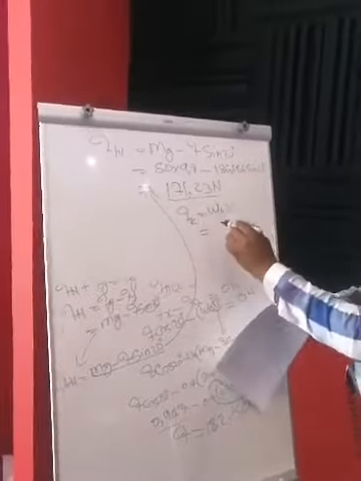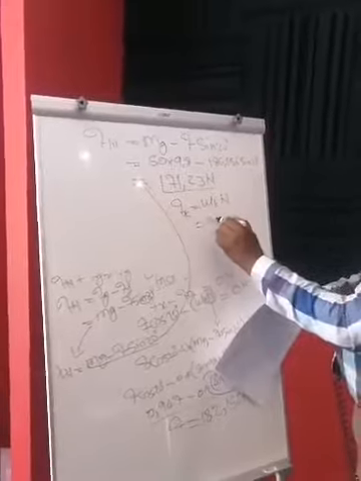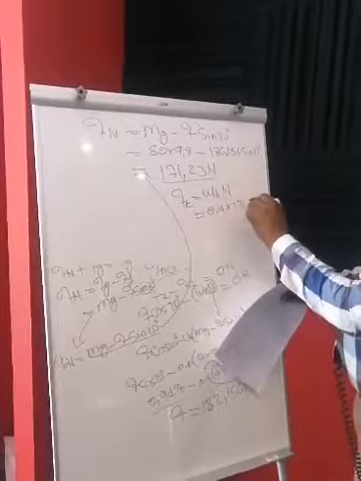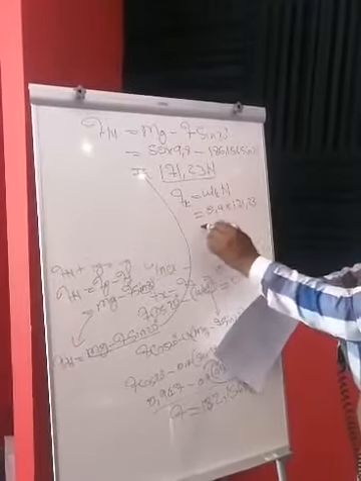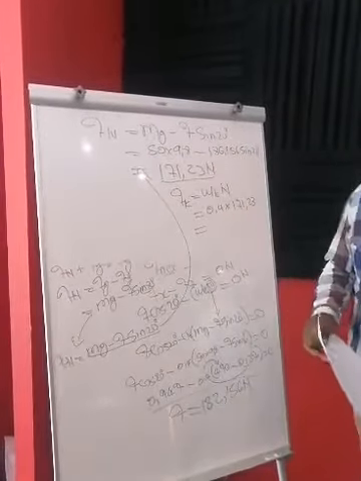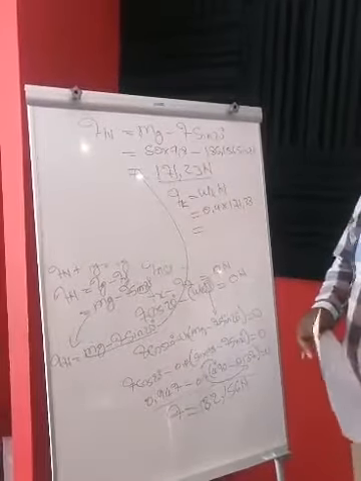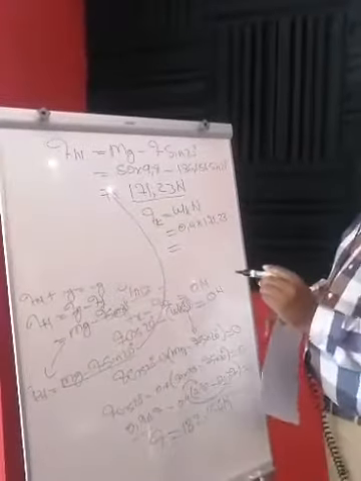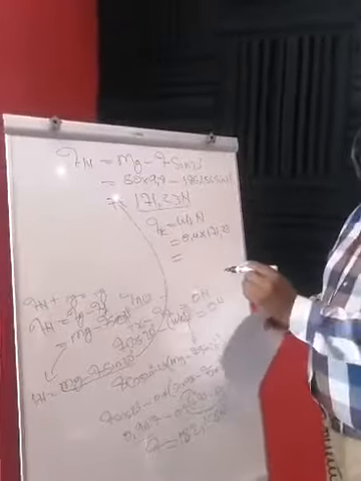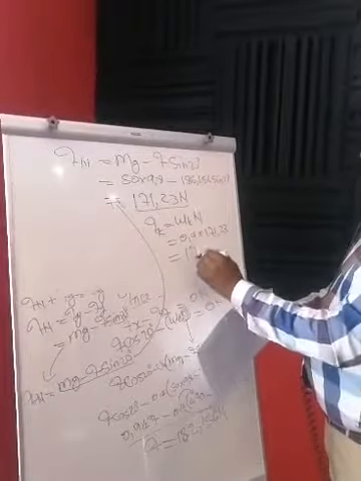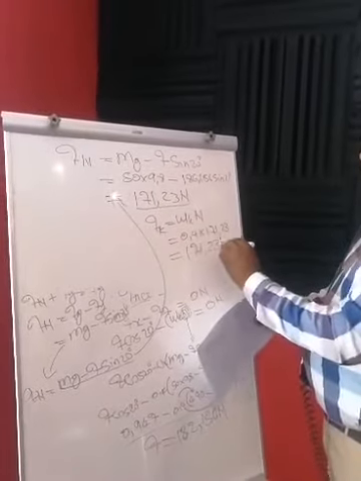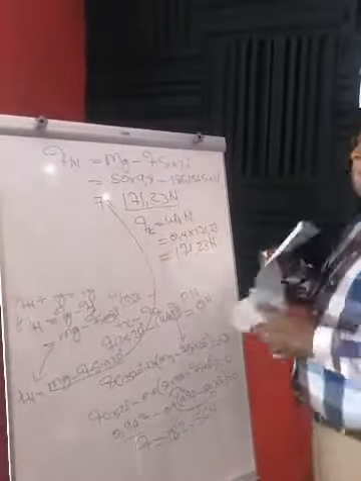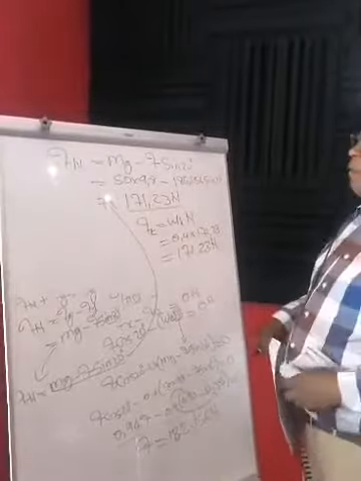Then you just substitute your coefficient value, which is 0,4, multiplying by 171,23 Newton, and that will give you the magnitude of your frictional force. I think I've made an error on the magnitude of the normal force.